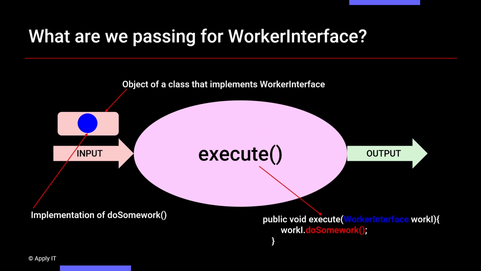If we represent it in a diagram, execute is the method to which we are passing an object of WorkerInterface, and essentially that object contains the implementation of doSomeWork, which was declared as abstract in WorkerInterface. The execute method is using that doSomeWork on the object of WorkerInterface.